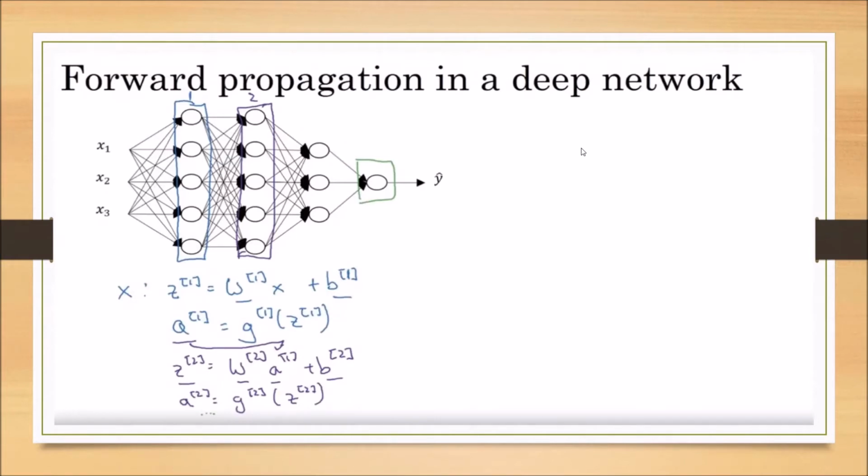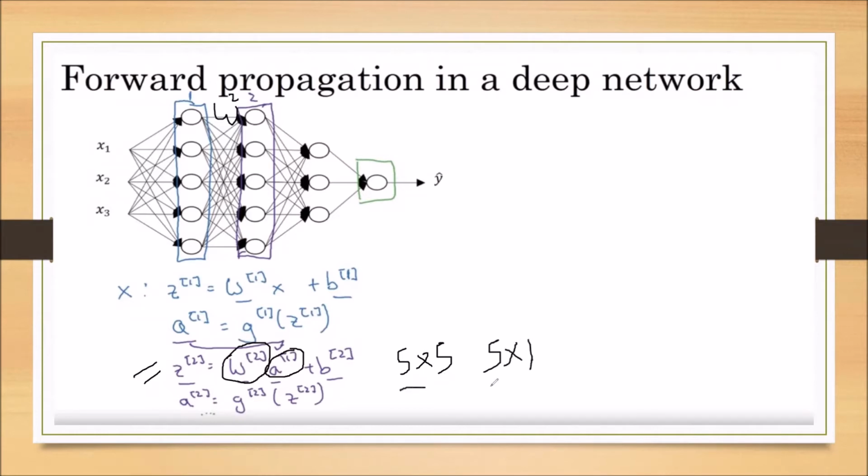Now, when finding Z2, we take W2. The matrix size of W2 is 5 by 5. When we multiply this W2 with the input for the second layer, which is the first layer's output, we have 5 activation units in the first layer and the matrix size of A1 is 5 by 1.